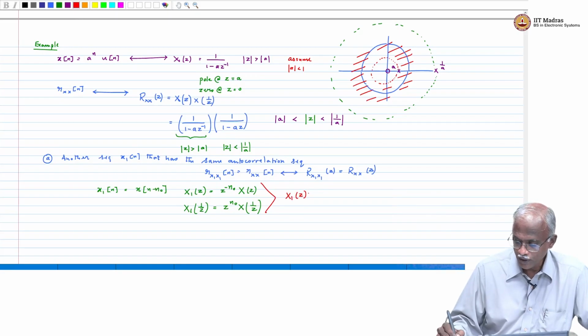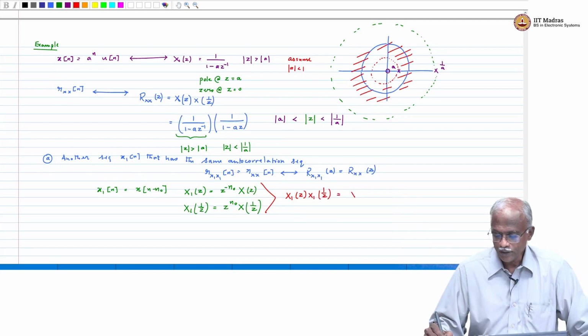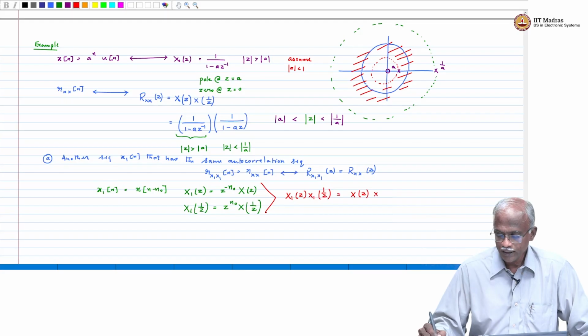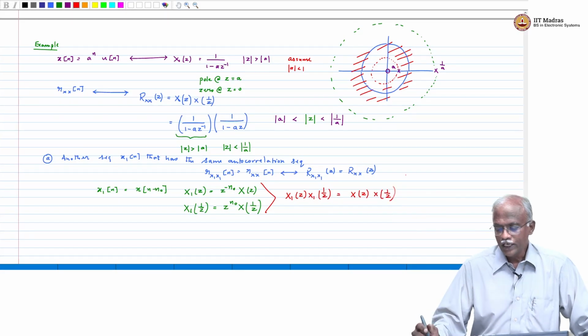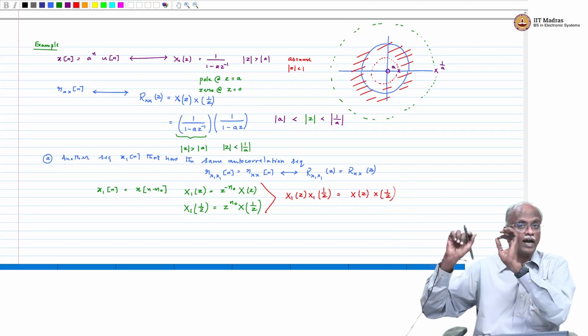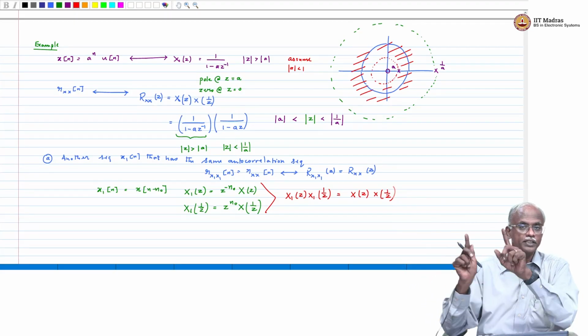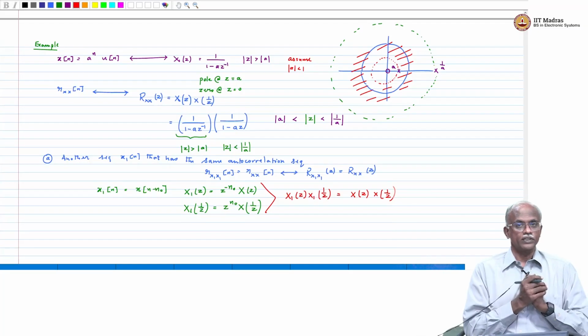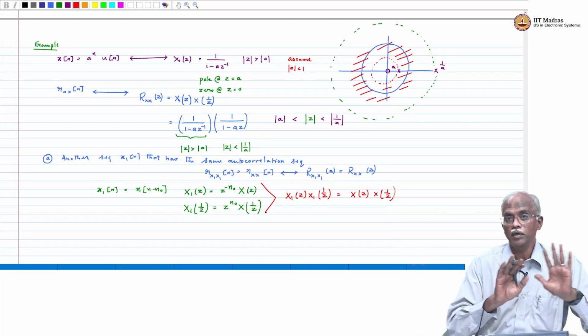Now combine these two and look at R x1 of z. X1 of z multiplied by X1 of 1 by z can be verified to be equal to X of z times X of 1 by z. So a time shifted version will have the same autocorrelation as the original sequence. No change.